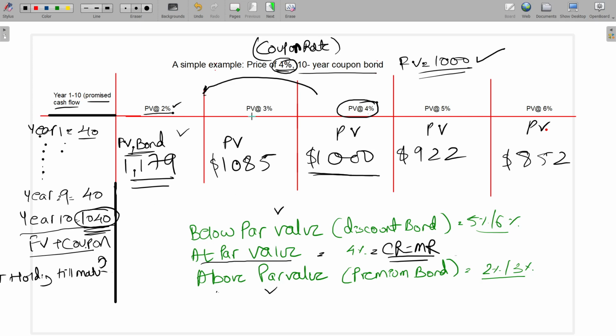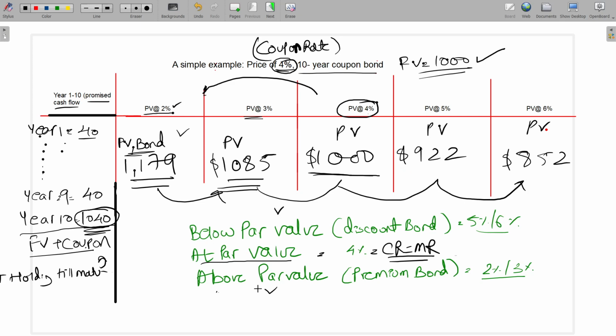And again, as you can see, due to the inverse relationship, the value of the bond keeps decreasing when the market interest rate increases.